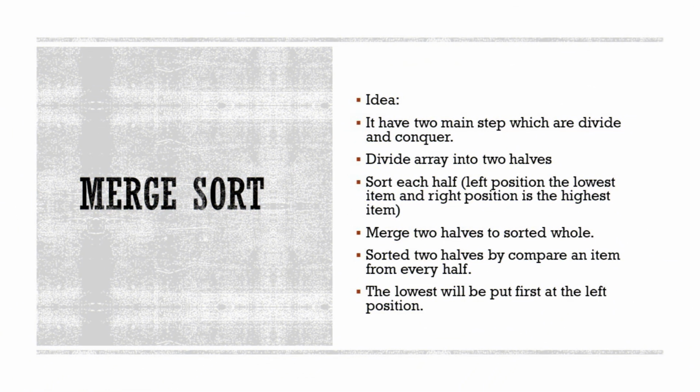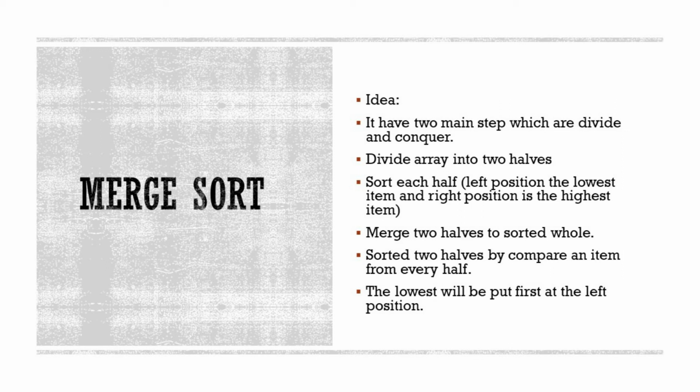So we take a look at the next algorithm, which is the merge sort. The idea is it has two main steps, which are divide and conquer. It divides the array into two halves.